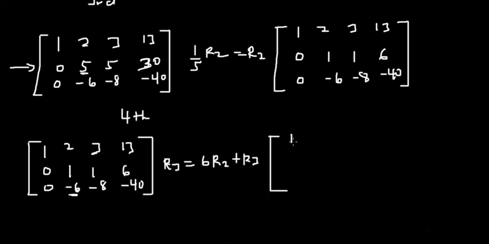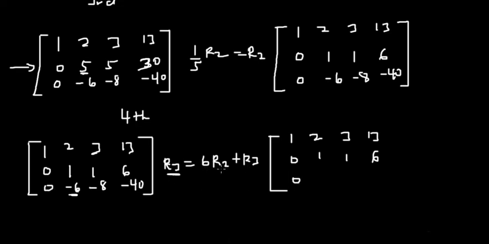Right, so here we go. We maintain our first row 1 2 3 13, and we maintain our second row 0 1 1 6, and then the third row changes. So we have 6 multiplying row 2. So 6 times 0 is 0, plus row 3's 0 will give us 0.